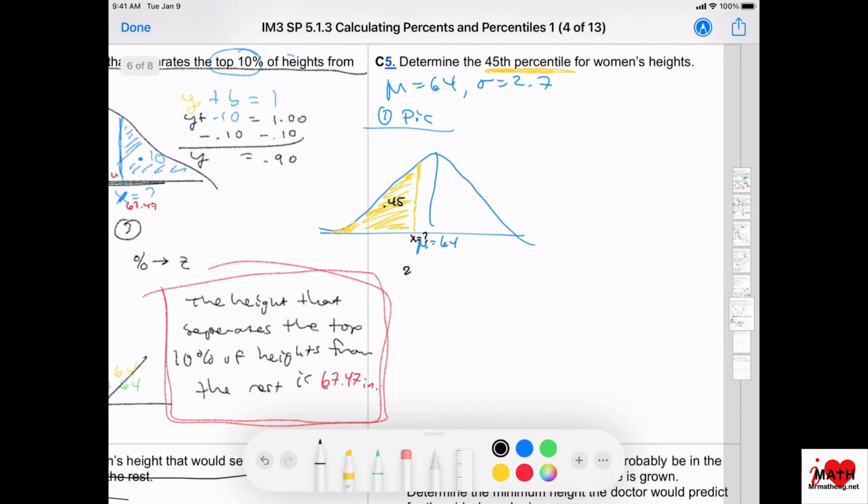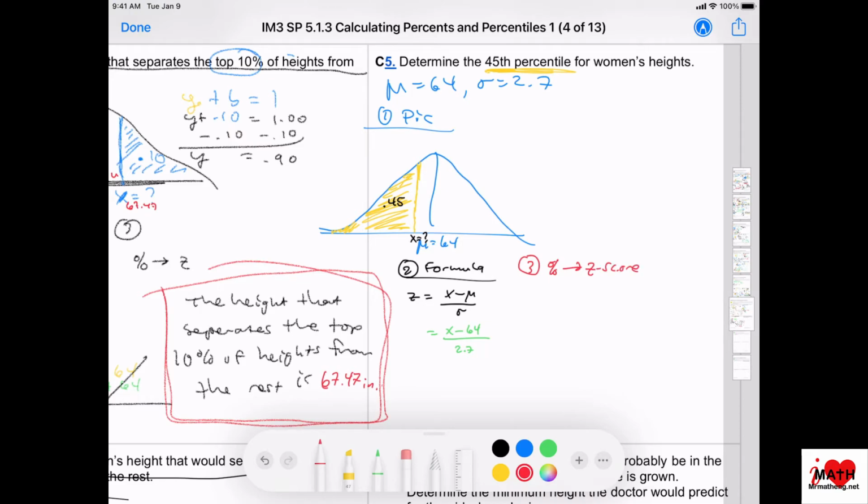Okay, let's go ahead and use our formula. Z equals x minus the mean over the standard deviation. We'll substitute in the information we have. X minus the mean was 64, standard deviation of 2.7. And then here I'm going to turn my percent into a z-score.